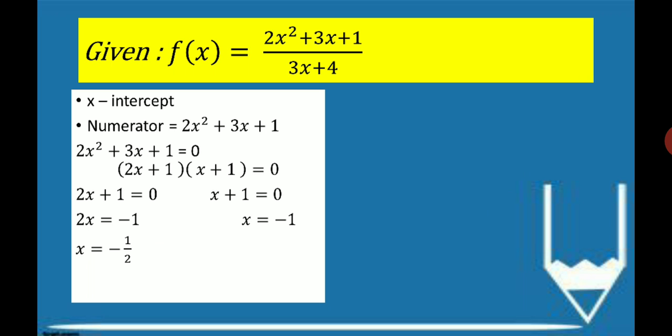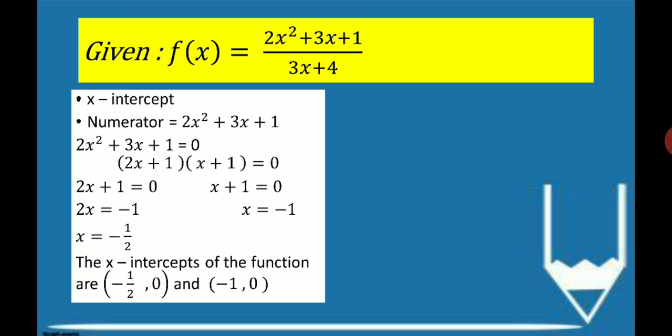If there are 3 values of x, there are 3 x-intercepts. So, therefore, our x-intercepts of the function are at negative 1/2, 0, and negative 1, 0. If you plot these points on the plane, we will have 2 points on the x-axis.